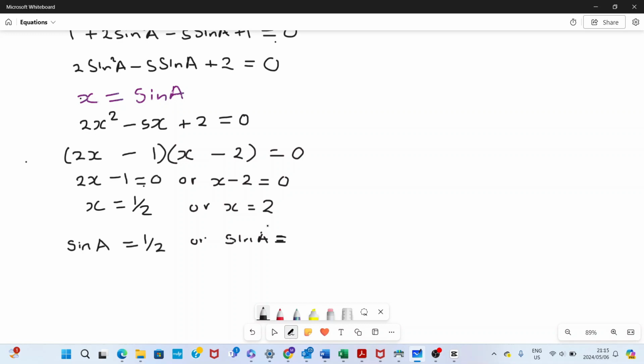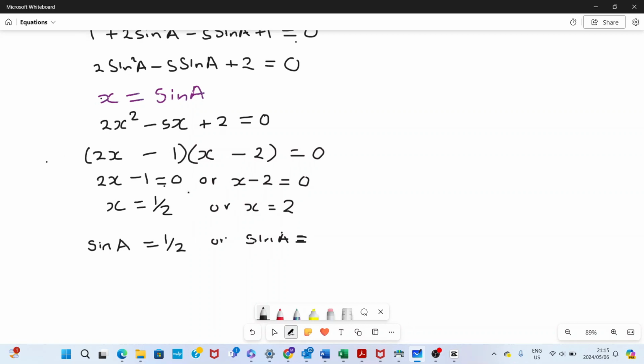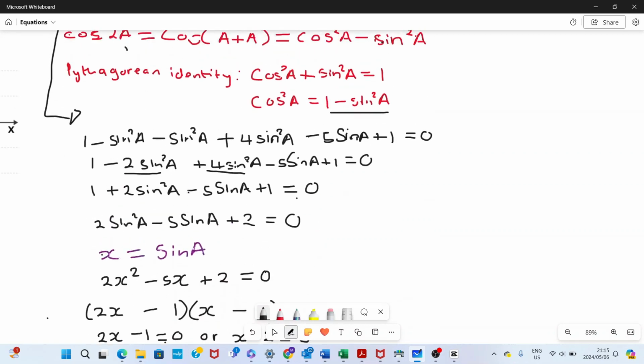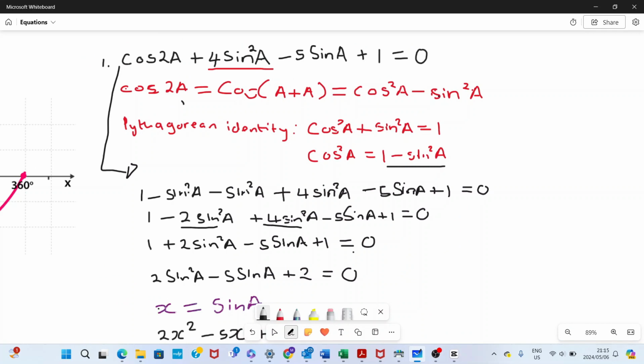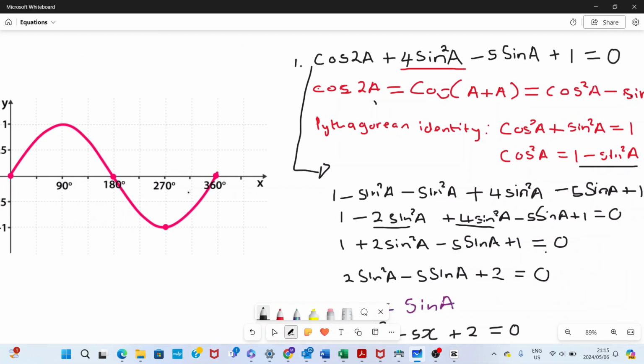can never be equal to 2, because the mother graph of sine A is given by, I think I have this graph somewhere. Let me just go up. I had this graph. So yes, this is the graph.